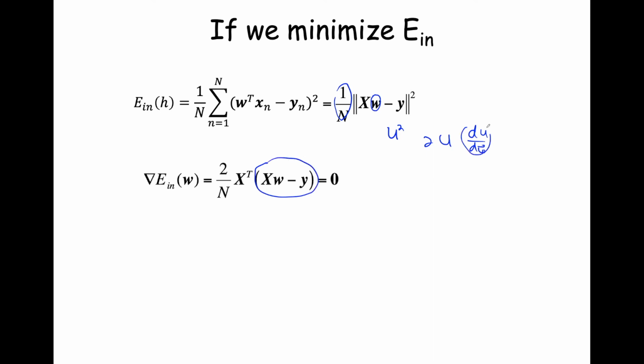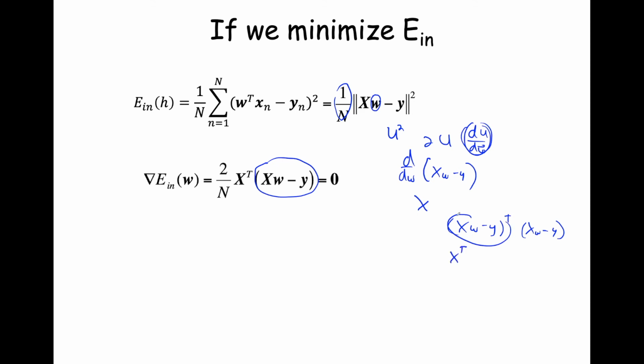And then my du dw, well, du dw is the same as saying d dw of that XW minus Y. Now, Y is a constant, goes away. I have W to the 1 power, and that's just X. And so I have two terms. I have XW minus Y transpose times XW minus Y. So I do this du dw on this first term, and that gives me my X transpose.